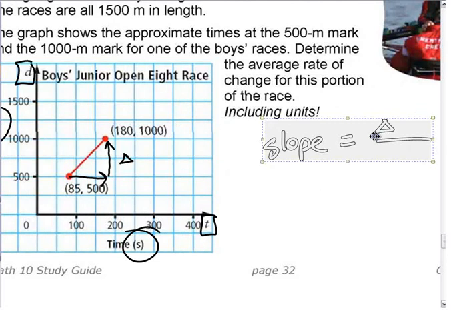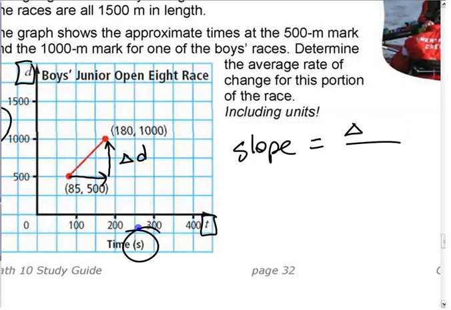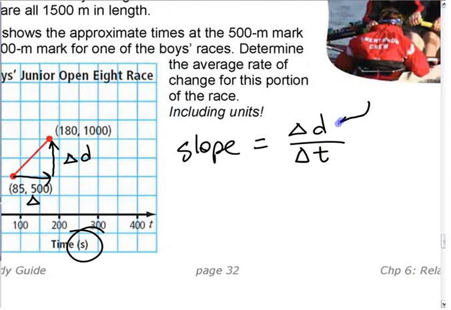The vertical thing is D, so you can call it delta D. What's the horizontal change? Delta T, right? For time. Change in distance over change in time. That's what the slope is. The slope is change in distance over change in time.